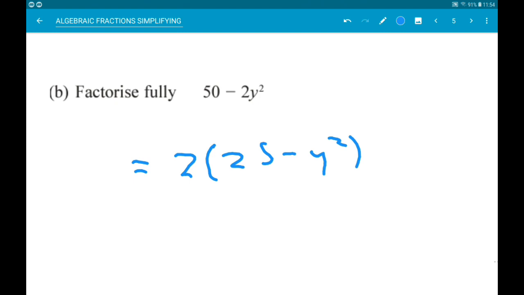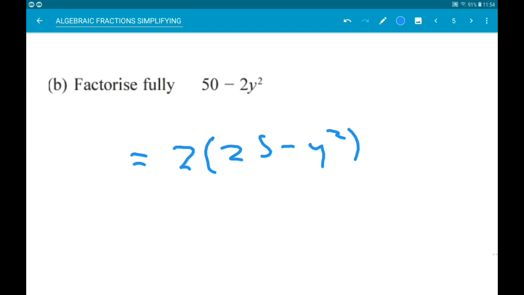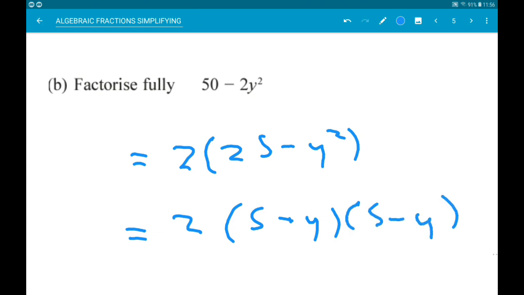Now, in the bracket we have a square number minus another square number, so it's a difference of 2 squares. So we can write it as 2 lots of 5 plus y times 5 minus y.